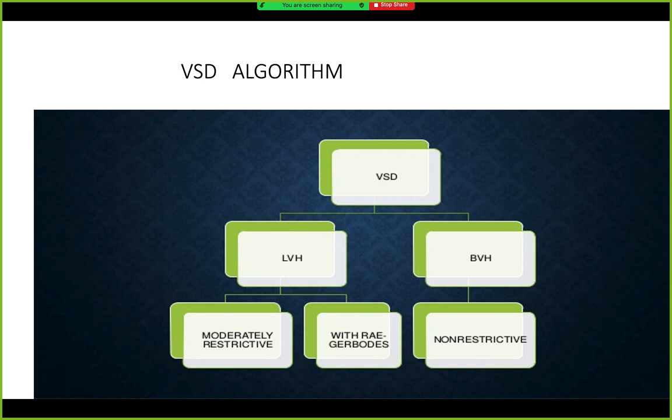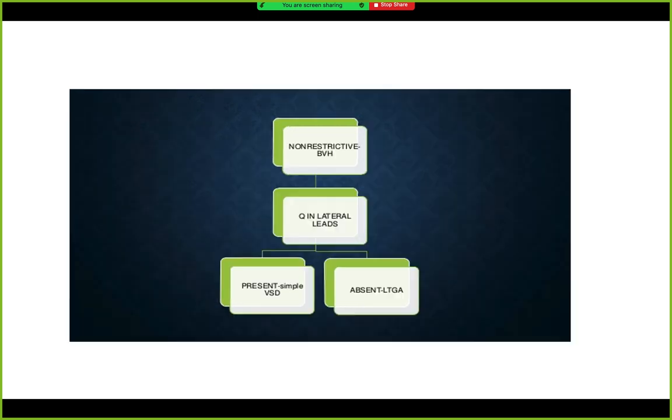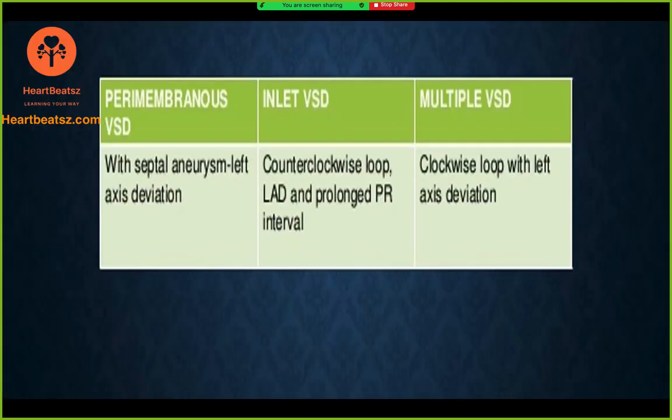That is why, as I already showed you, there will be tall R waves in V1, large diphasic RS complex in the mid precordial leads, and deep Q waves with tall R waves and deep S waves in V5 to V6. Okay, so that's what I was trying to tell, isn't it? So what do we notice in this one?